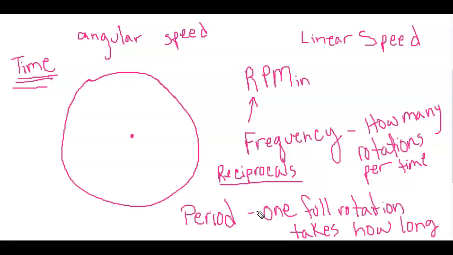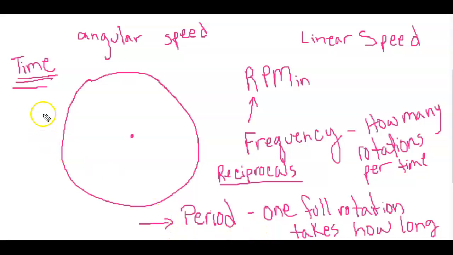Flip that over and you get how many cycles per minute or cycles per second. So they're just reciprocals of each other. Period is a really important thing. We need to know the period in order to graph it. Everything that we did yesterday, our period just was one full rotation. We did the 360 or the 2 pi for one rotation.